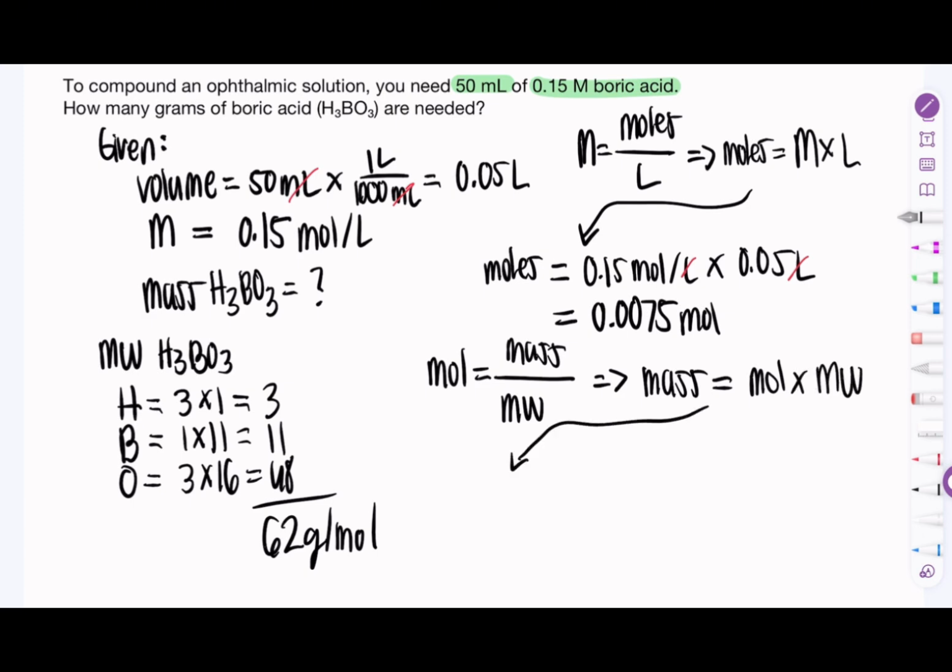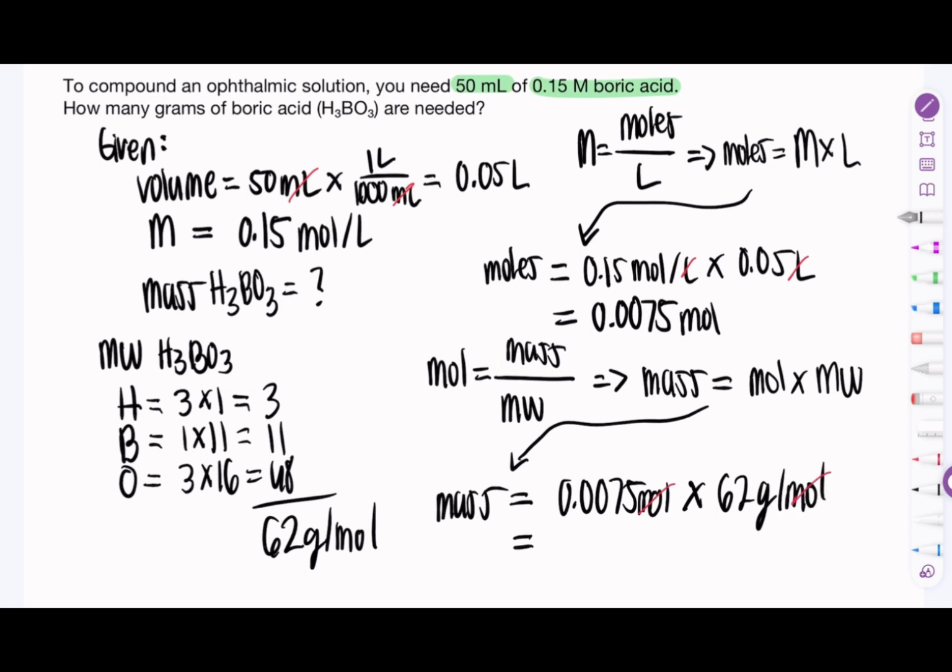So mass is equal to moles, which is 0.0075 times molecular weight, which is 62 grams per mole, is equal to, oh, I haven't written it down, 0.0075 moles times 62 grams per mole, canceling both mole.